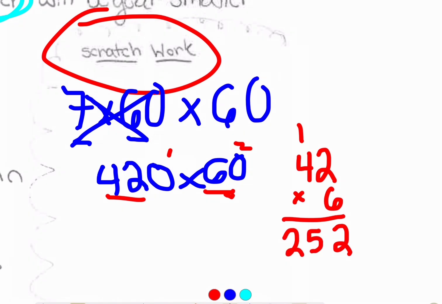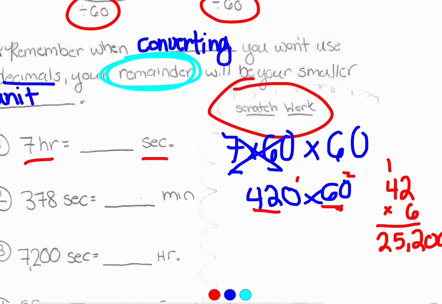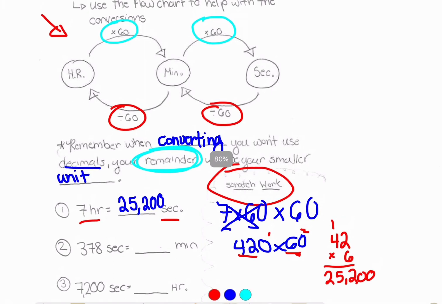And I'll add my 2 zeros. So that means that in 7 hours, there is 25,200 seconds. Notice I'm going from a large unit to a small unit, so that means I'm going to be multiplying.